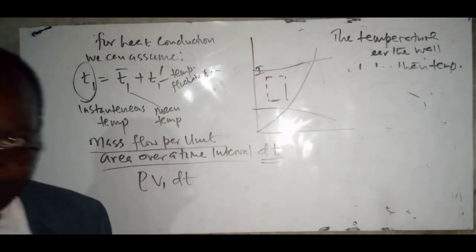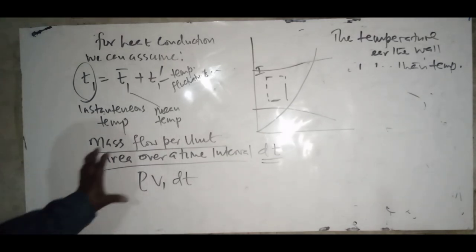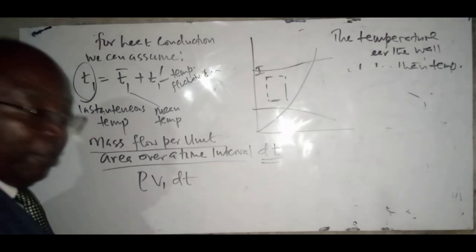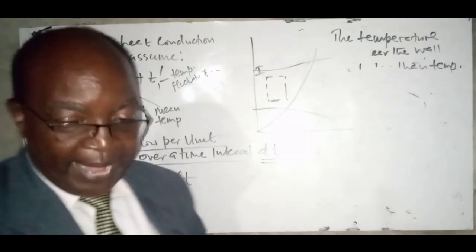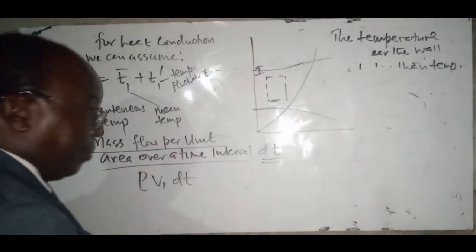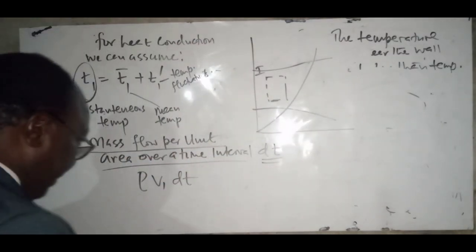And so in terms of energy, we simply multiply by the heat capacity and the temperature change, because remember, dH is simply Cp dT.